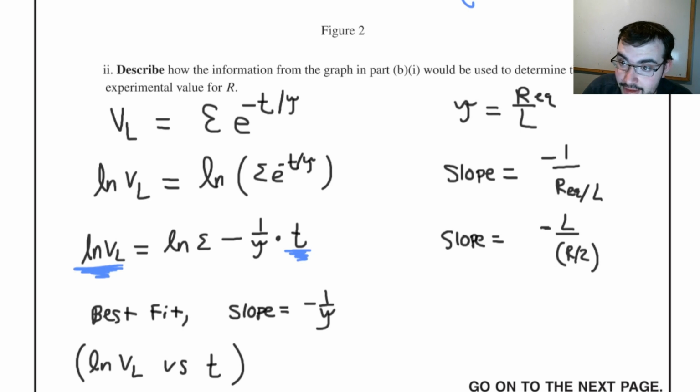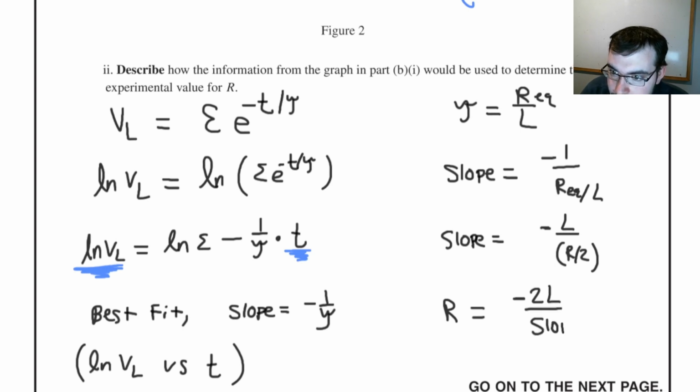We found that earlier. So then we can solve this and we would get that R is just going to be equal to negative 2L divided by the slope.